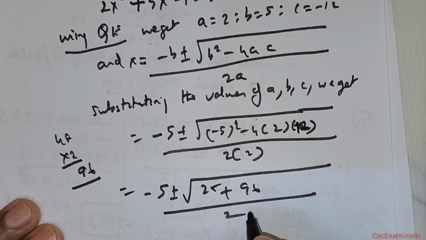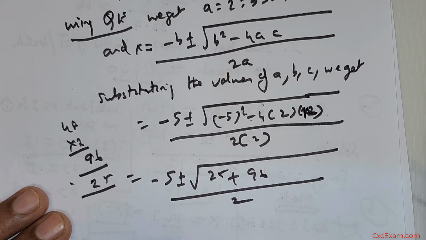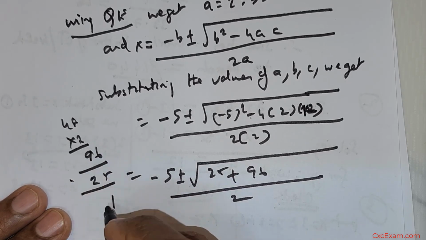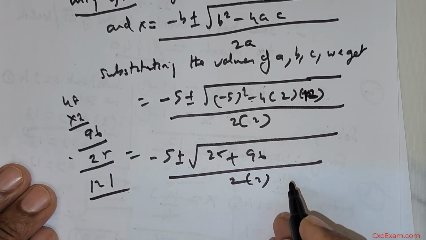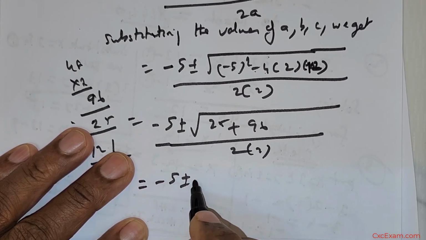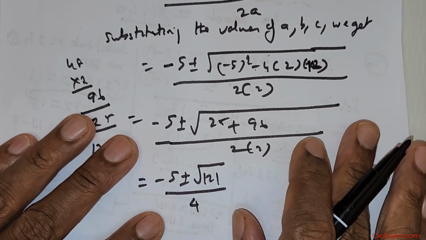Now this has to be divided by 2. So now you have 25 added to 96. So this is going to be giving you 1, and you have a 10 there. 10 added with 2 would give me 121. Now 2a, right, so it's going to be 2 times 2. So this is negative 5 plus or minus square root of 121 divided by 2 times 2 is 4.